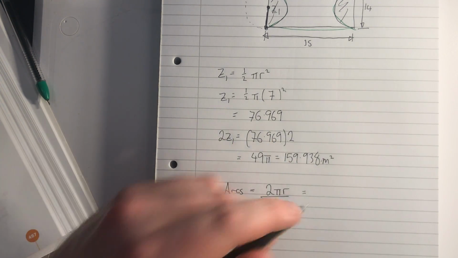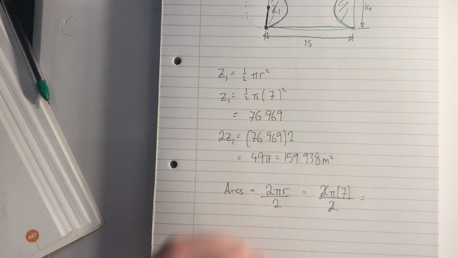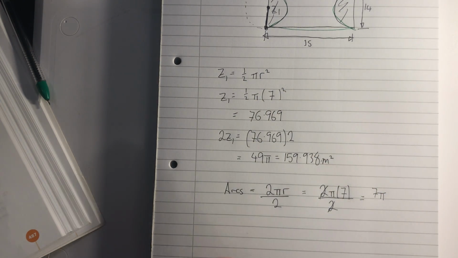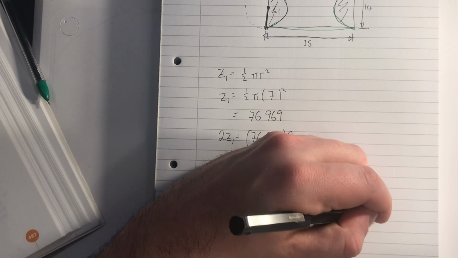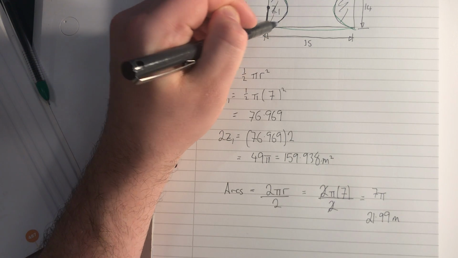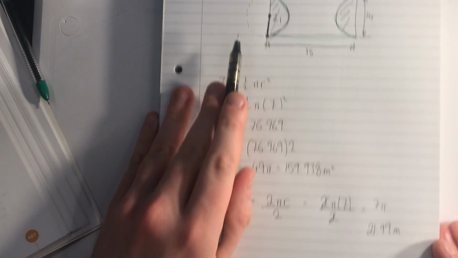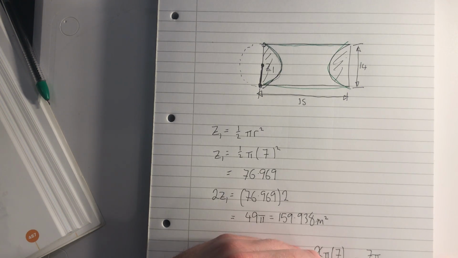Arcs equals 2 pi r, and because they are semicircles, we're going to divide them by 2. So that's the same thing as 2 times pi times 7 all over 2, which is equal to 7 pi. And 7 pi is equal to 21.99. Look at that. 21.99 meters. So that's the length of one of them. So we have this distance, which is 35, plus 21.99 plus 35 plus 21.99.